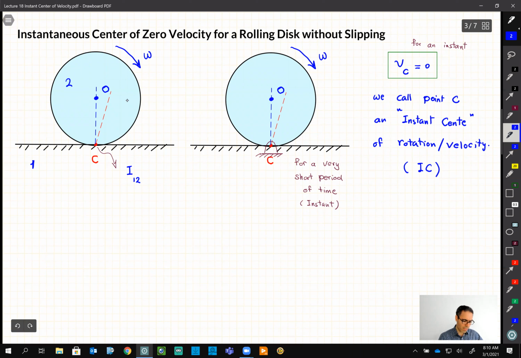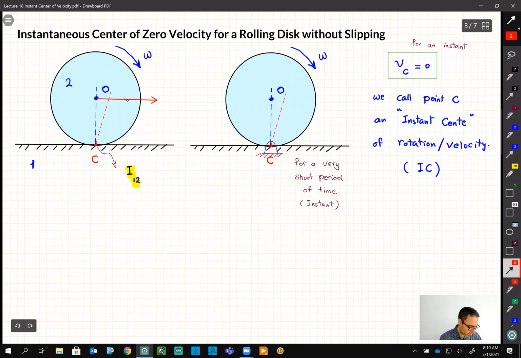So let's stick with this notation in this course. I12 means instant center of velocity between 1 and 2 at this very moment, and this is the point that these two are in contact.